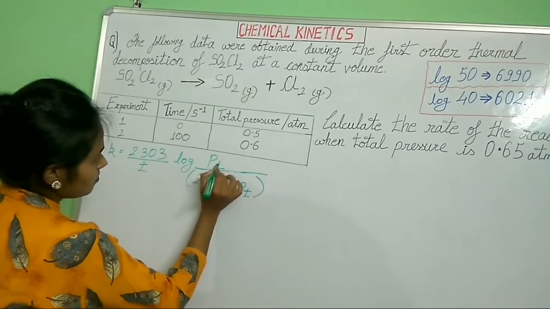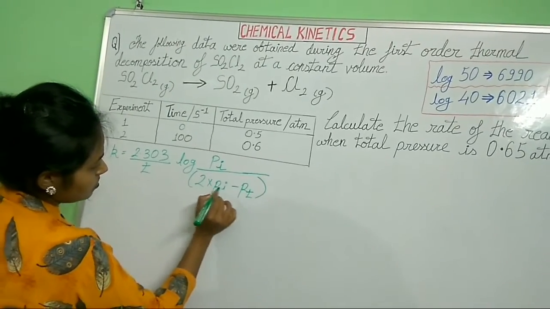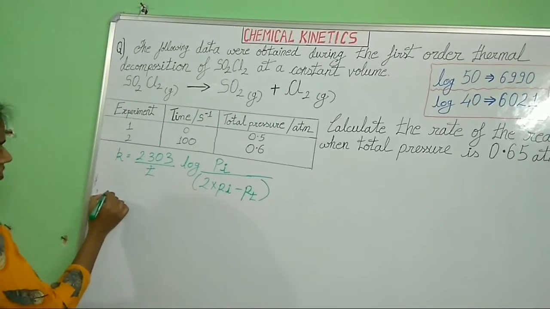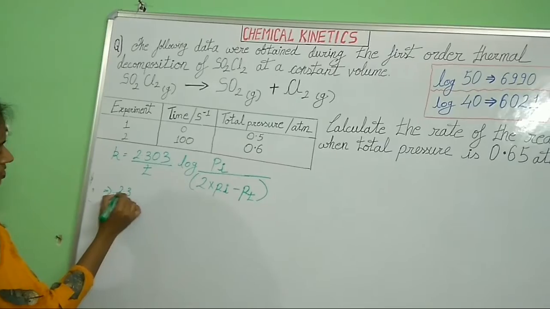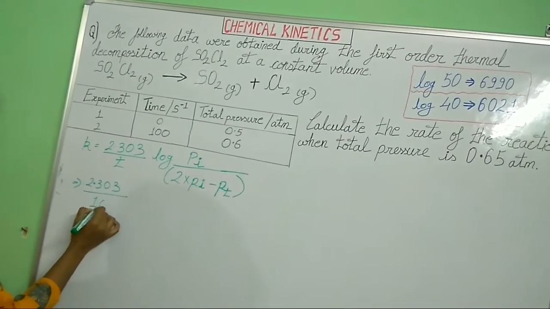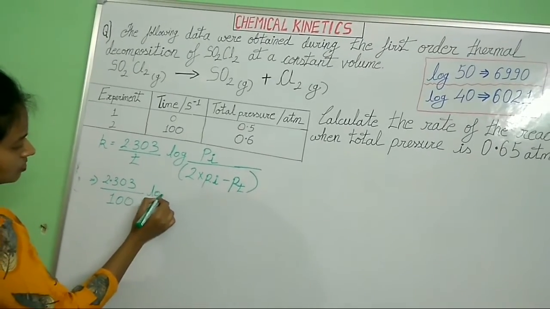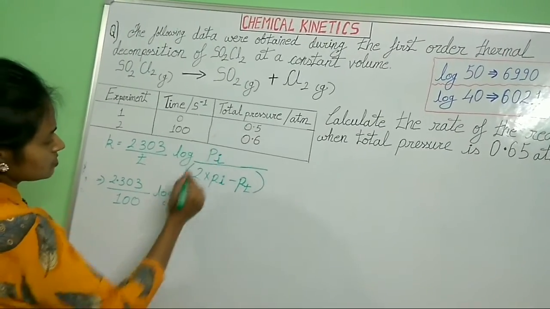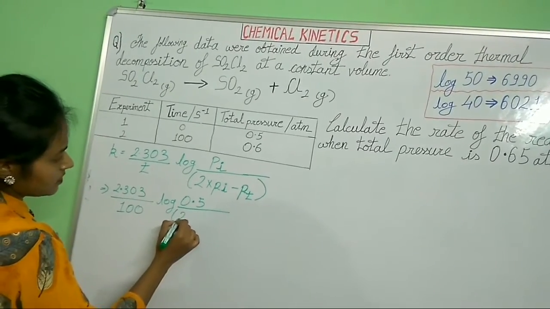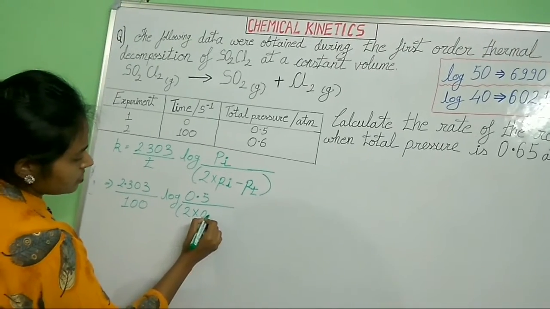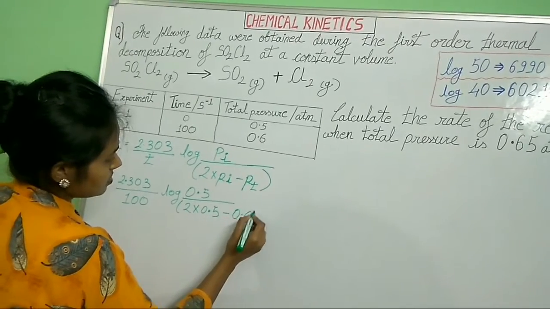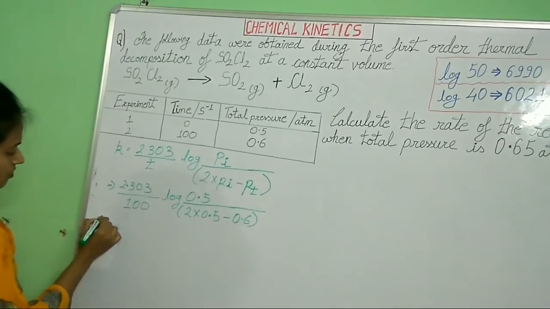So now 2.303, if we take time as 100 as given in the data, log, what is the initial pressure given at time 0? 0.5. Right, 0.5 divided by 2 into initial pressure minus Pt. What is the total pressure given here? 0.6.